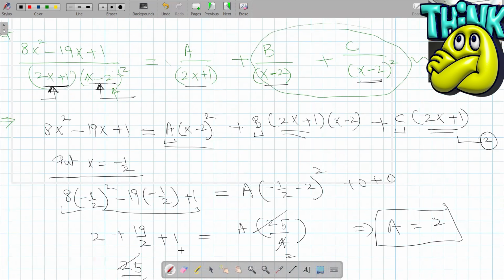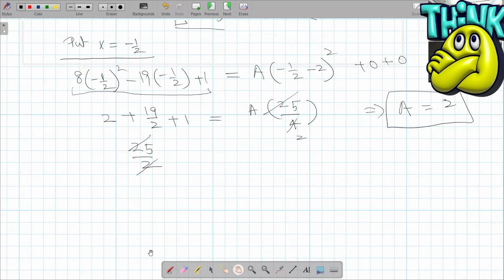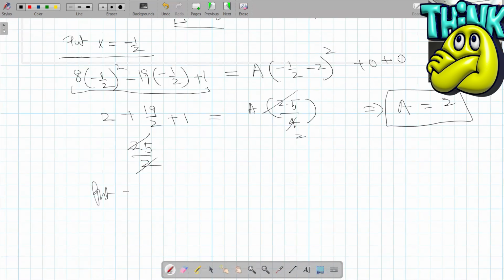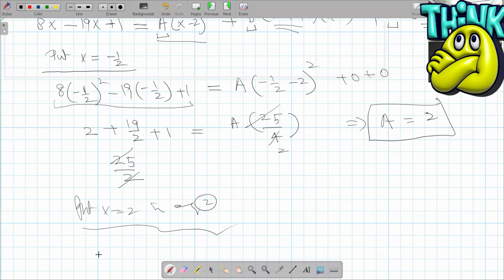Next, the value we can put for the second linear factor, that is x minus 2. For which value of x will this become 0? This will vanish for x equal to 2. So now we will put x equal to 2 in equation 2 again. When you put x equal to 2, the left hand side will be 2 squared minus 19 times 2 plus 1.